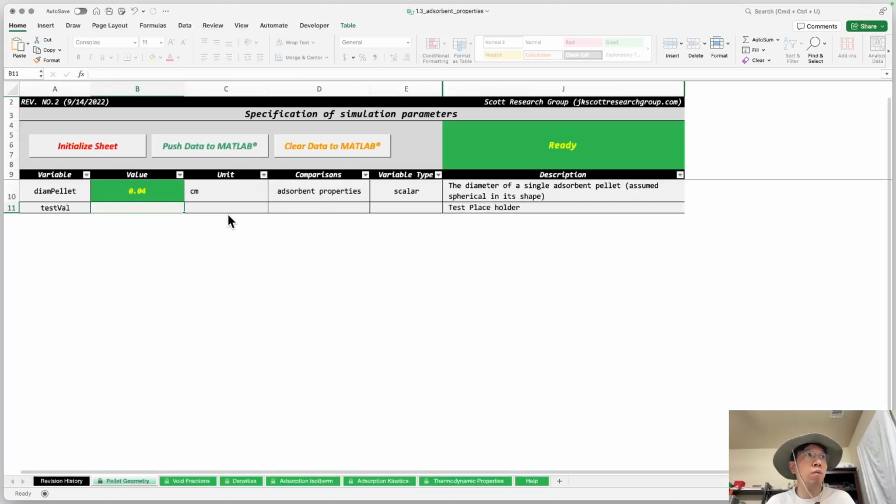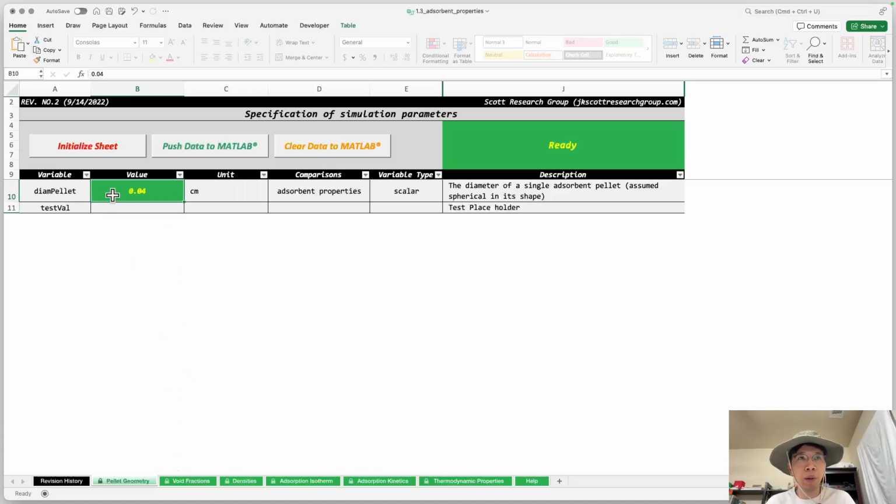So the first thing we need to specify is the diameter of the pellet. We assume a spherical pellet. Really, the geometry doesn't matter in our simulation in toPSAil, so we just assume a spherical pellet, and you specify the diameter for the pellet.